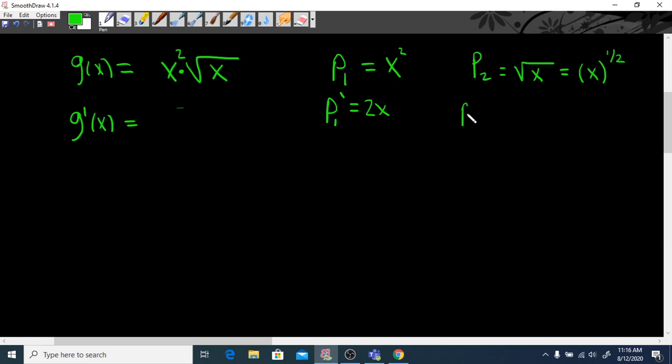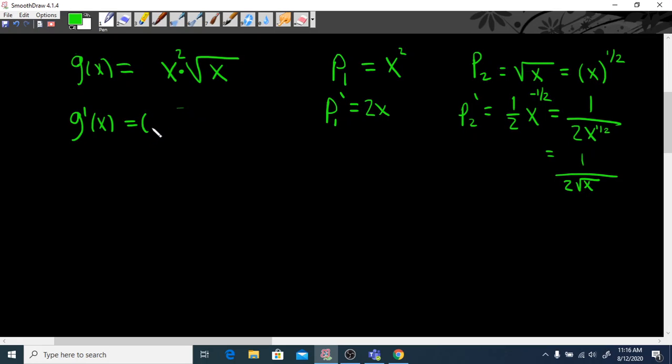The derivative of piece 2, power rule, right? 1/2 x to the power negative 1/2. And we can write that this way, 1 over 2 x to the 1/2. And then once again we can rewrite 1 over 2 square root x.